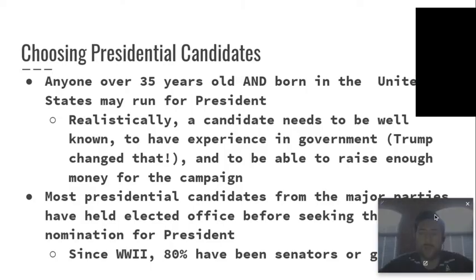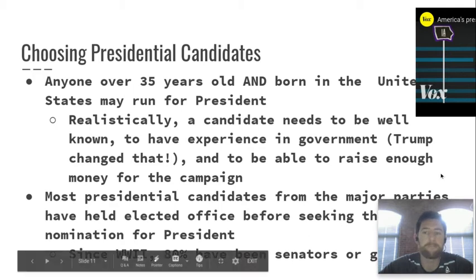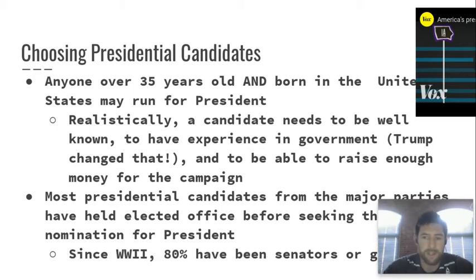When it comes to selecting a presidential candidate, there are some boxes that a person needs to check off in order to be eligible to run for president. Anyone over the age of 35 who is born in the United States may run for president.